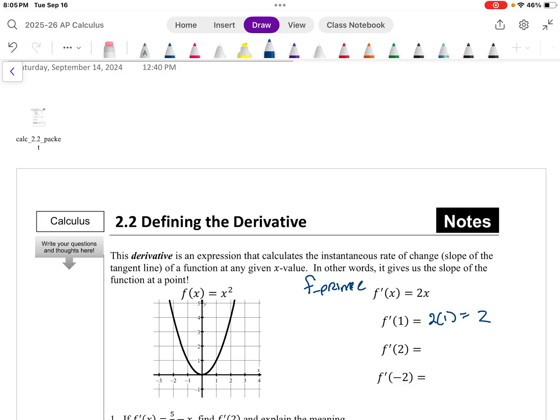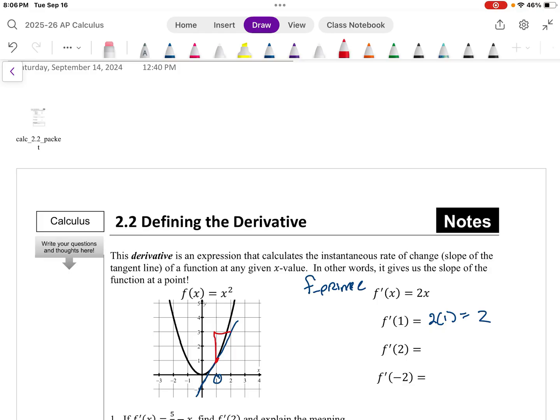So when x is 1, the slope at that point on that curve is 2, where we have a rise of 2 and a run of 1. And so at that point, the slope is 2.